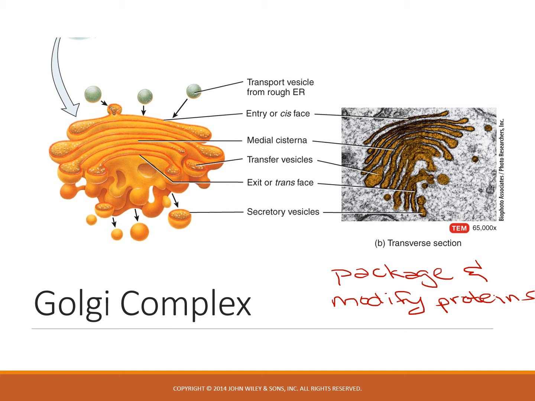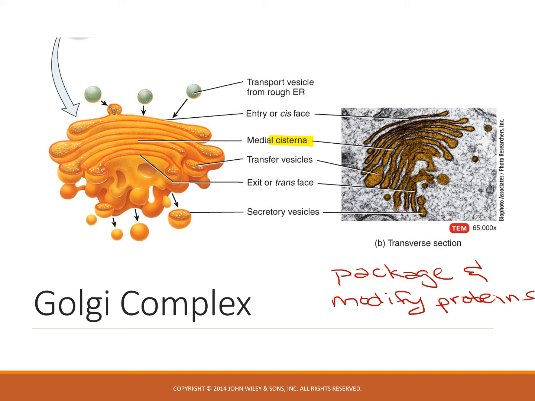The Golgi complex is made up of about 3 to 20 cisternae. Here you have a single cisterna. Cisternae are flattened small sacs with bulging edges that resemble a stack of pita bread, I guess.